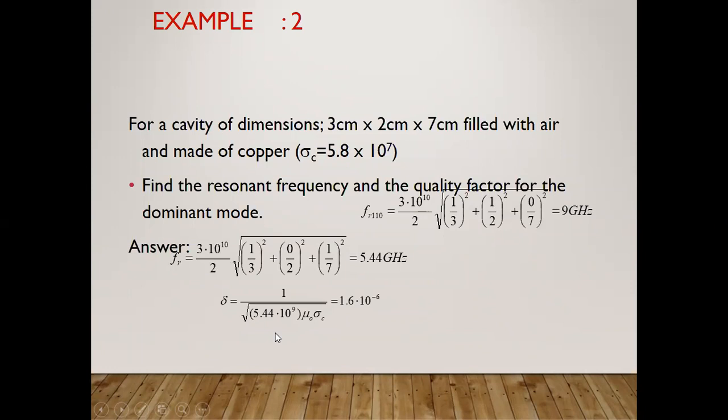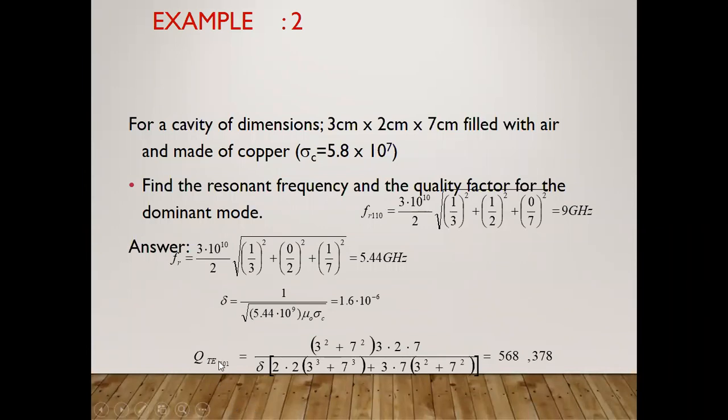So in this way, you can calculate not only the resonant frequency, but also the skin effect or the depth of penetration. Okay, depth of penetration. The third parameter, what you have calculated in all the cases, you have calculated the resonant frequency, you have calculated the resonance frequency if the mode is changing. Also, you have calculated the depth of penetration. Next is the quality factor.